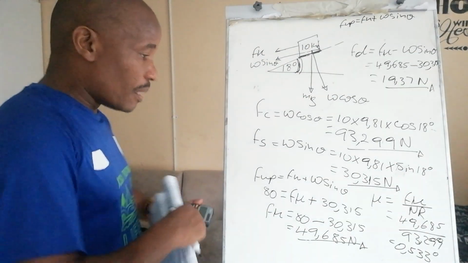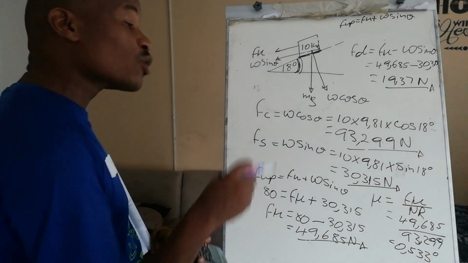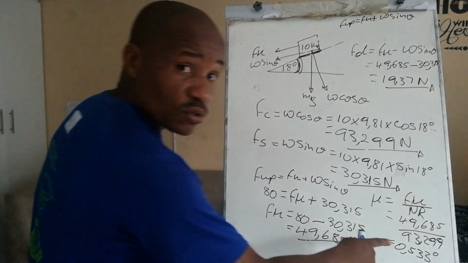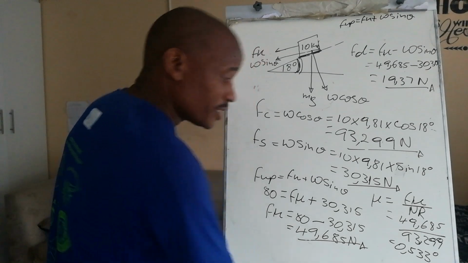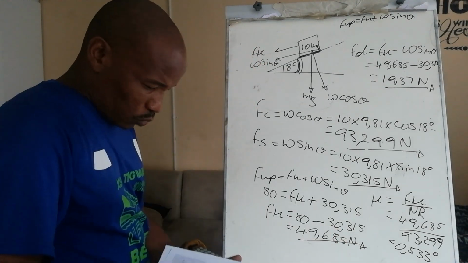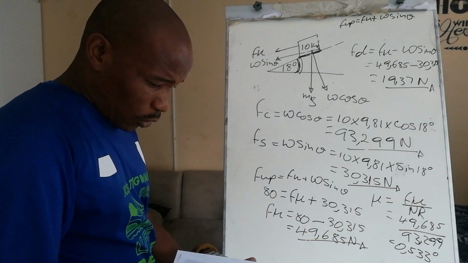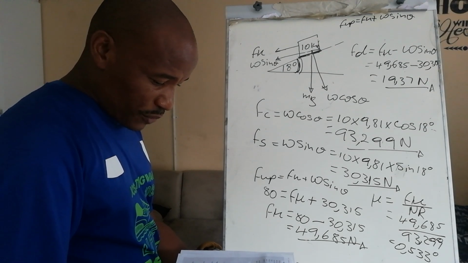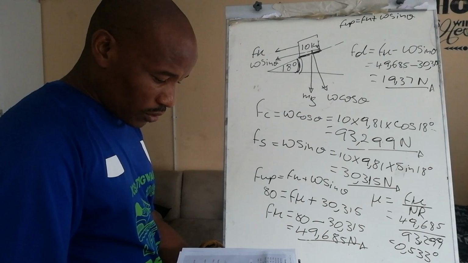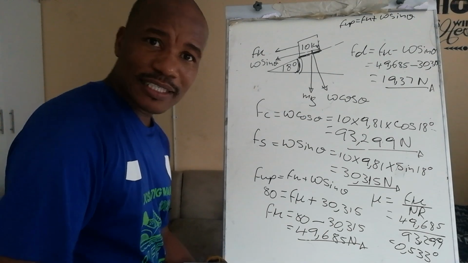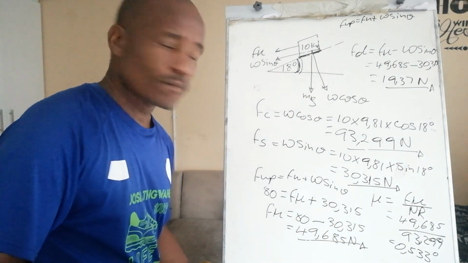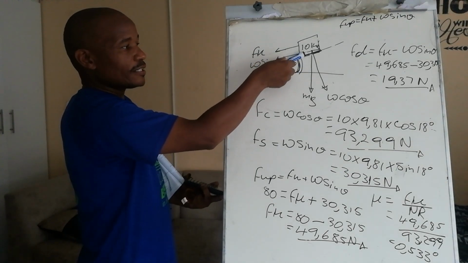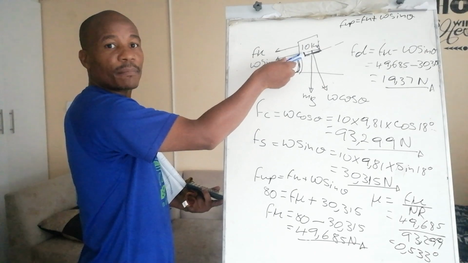Now the mistake that I did earlier, I thought they wanted an angle rather. Now, with this coefficient of friction, what do they want? The angle to the horizontal that the plane will have to be adjusted to in order to cause the body to just start sliding. It is 18 degrees now and nothing is happening.